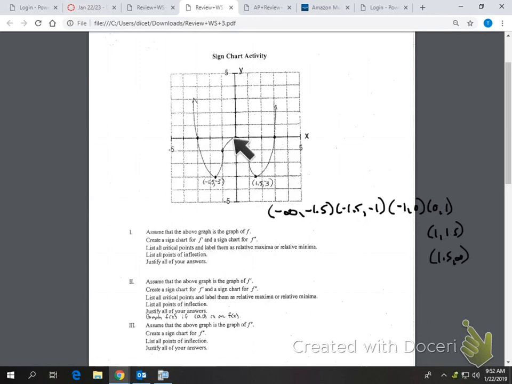From negative 1 to 1, that is concave down, so my second derivative is negative. This is a point of inflection, so at 1, the second derivative is 0. And from 1 all the way to infinity, it is positive because that graph is concave up.